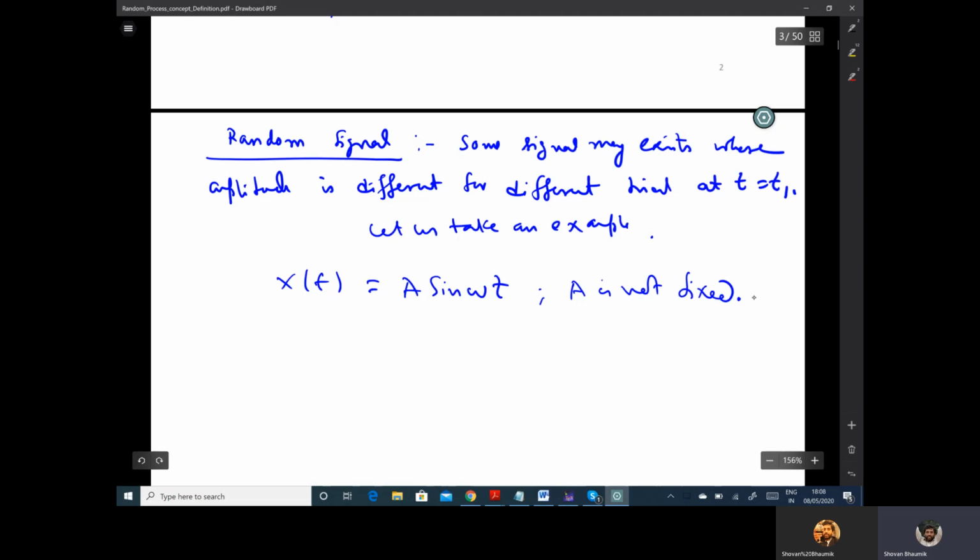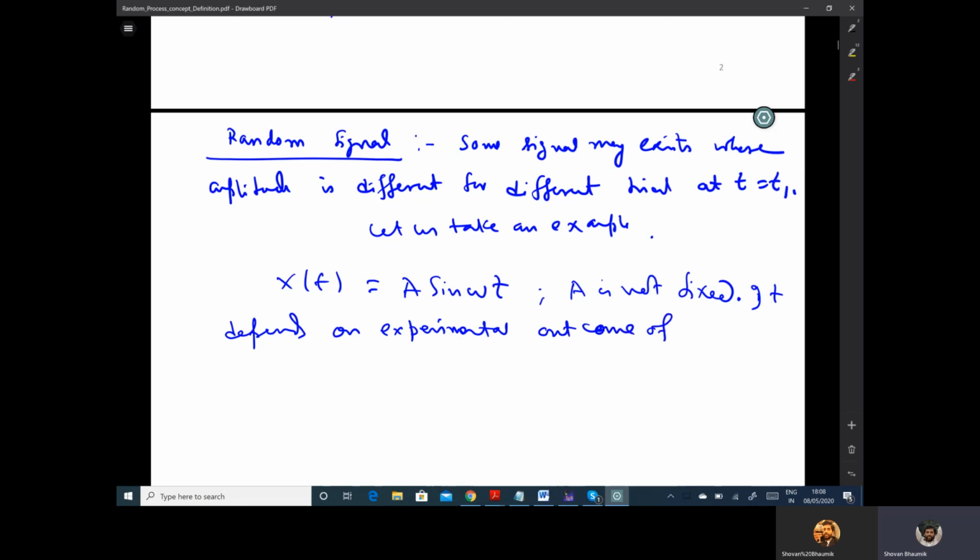It means it depends on the outcome of an experiment. What does it mean?